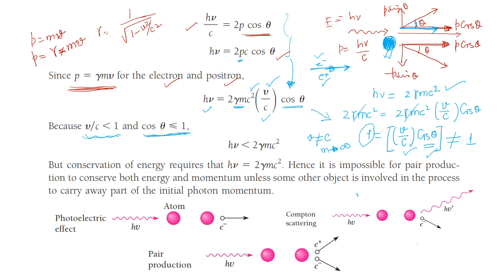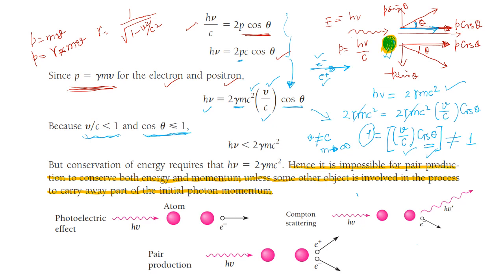So that is why it is impossible for pair production to conserve both energy and momentum unless some other object is involved in the process to carry away part of its initial momentum. And that is why we need this nucleus.